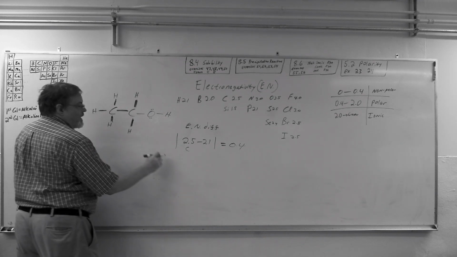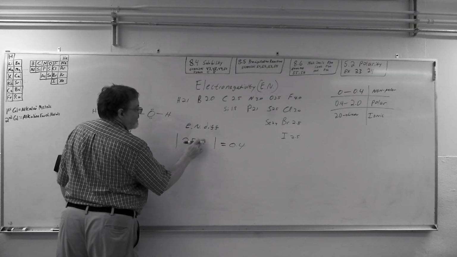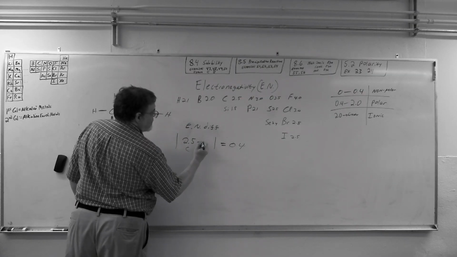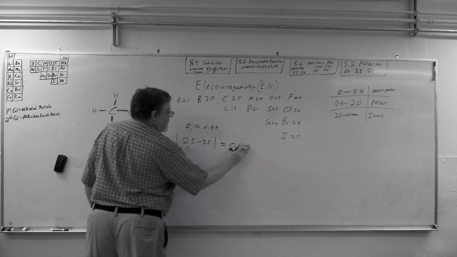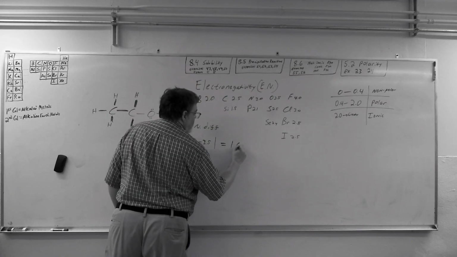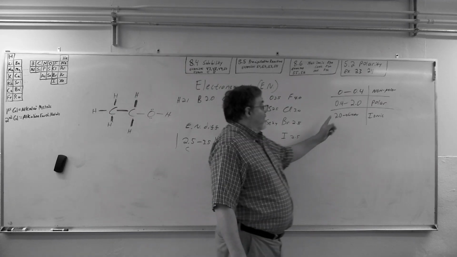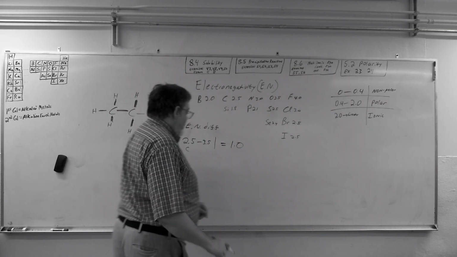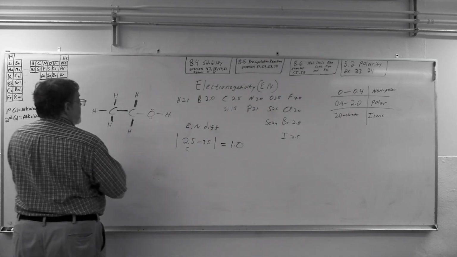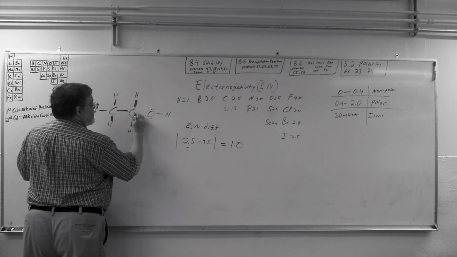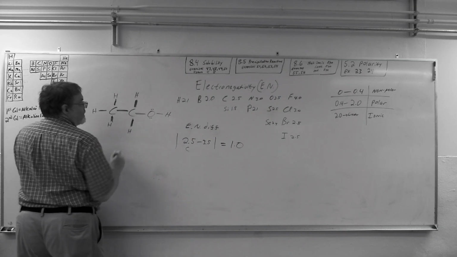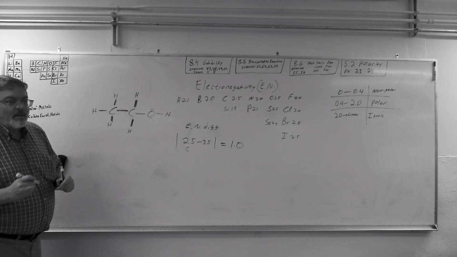Now let's do carbon and oxygen. Carbon is 2.5, oxygen is 3.5. Now I'm in this range, and what that's telling you is this is a polar bond. That's polar.